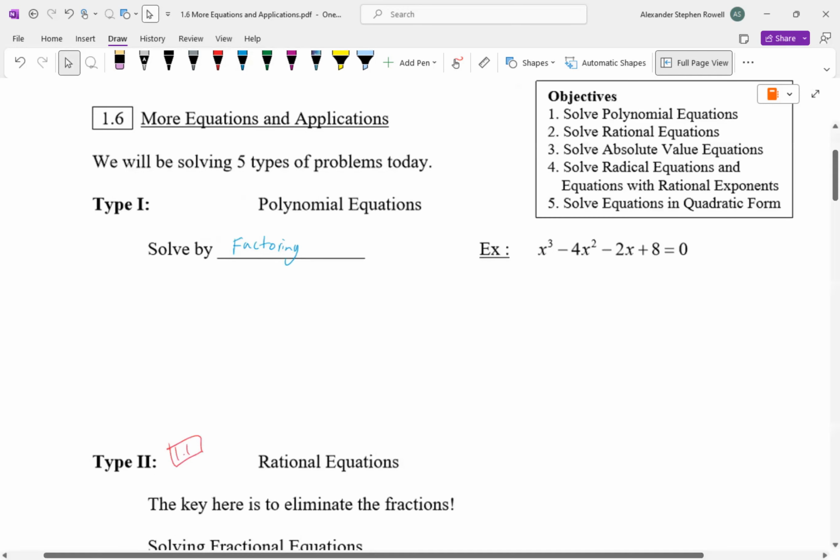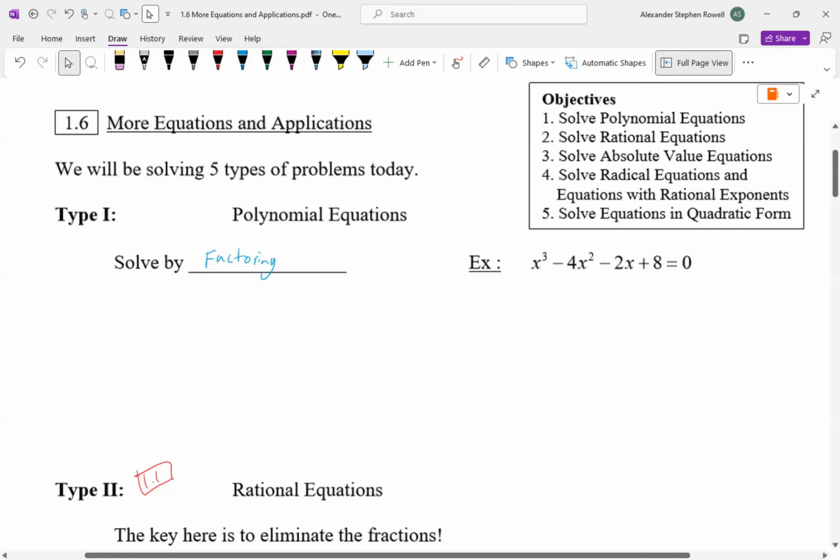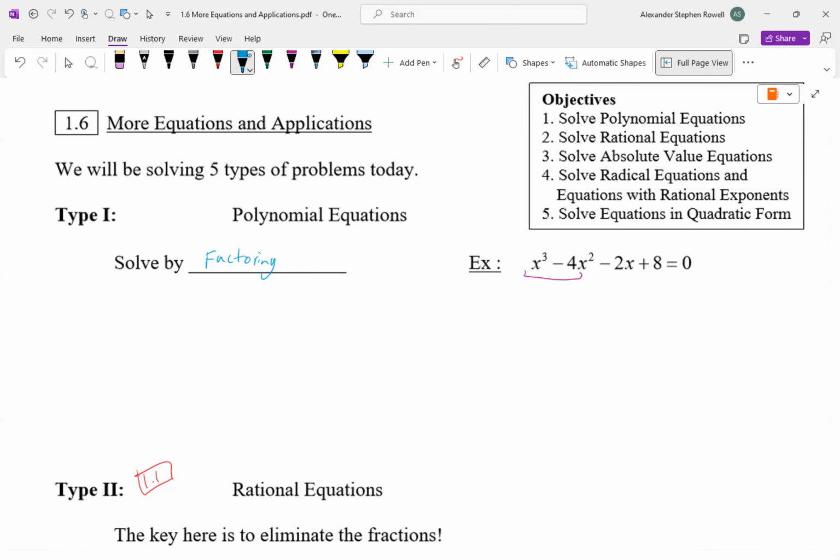How might you factor this? If I have 4 terms, what do you try? Grouping. All right. What's the greatest common factor of the first pair? x squared is the greatest common factor. If I factor out an x squared, I think about what's x cubed divided by x squared? x, very good.